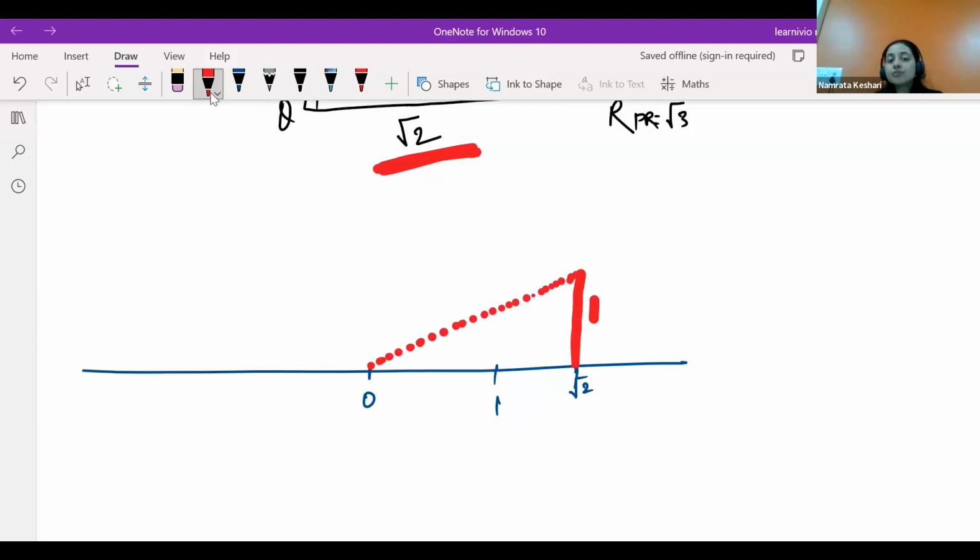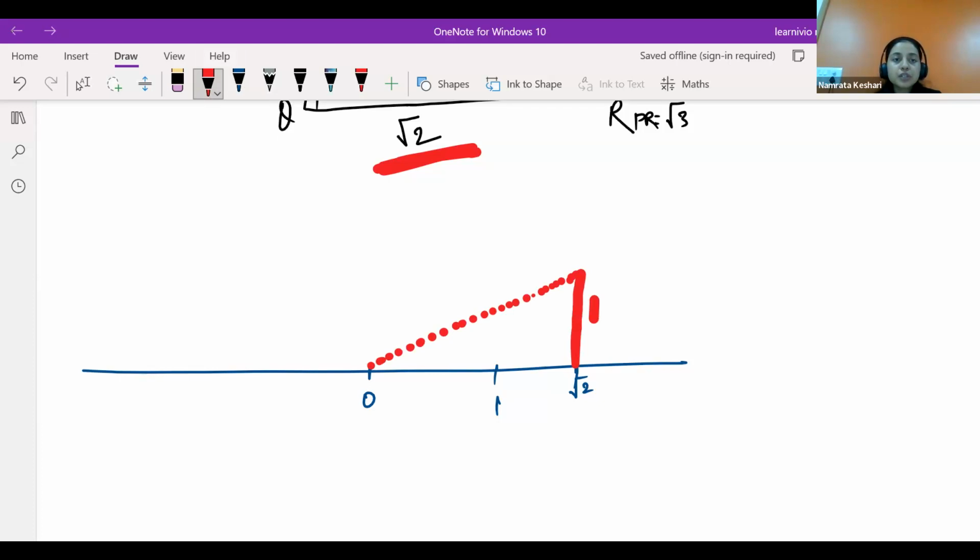Automatically your hypotenuse will be of root 3 units. Getting it? Yes, ma'am. Is it clear to all of you? Yes, ma'am.